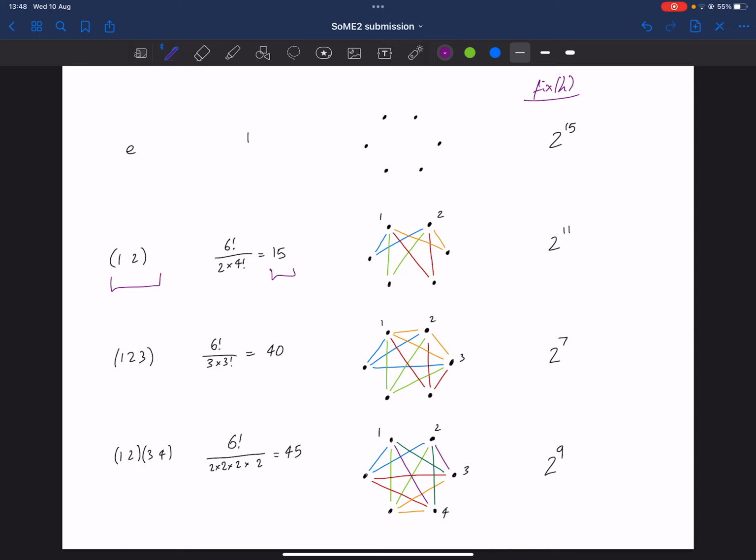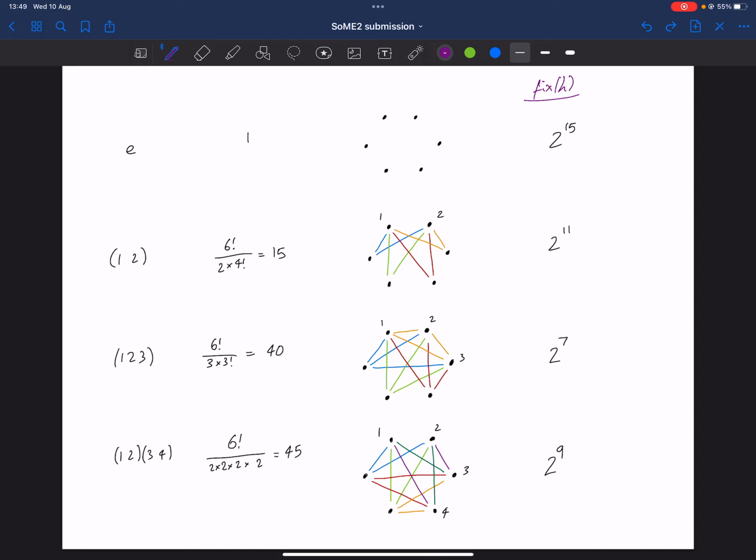So they are the 15 permutations that act in the same way as 1, 2, and it can be quite easily shown that all of the permutations in the same conjugacy class have the same number of fixed points. So that means we can confidently just pick one representative of each conjugacy class and calculate the number of fixed points, and then calculate the size of the conjugacy class.